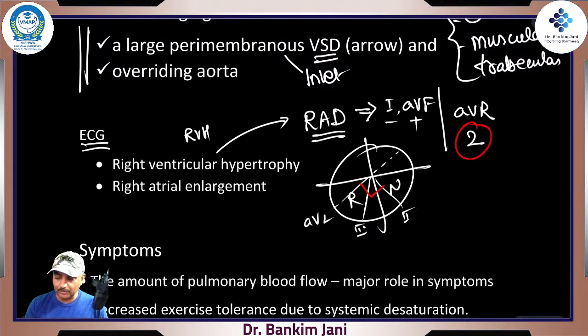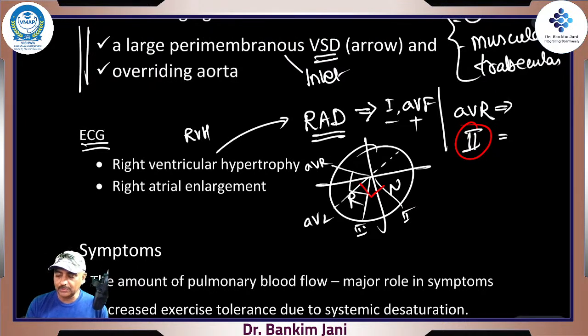So that's why we are watching lead number 2, right? So let's write it like this, lead number 2, and our 3 is perpendicular to this one, and this is AVR.